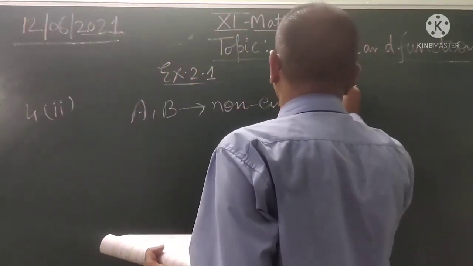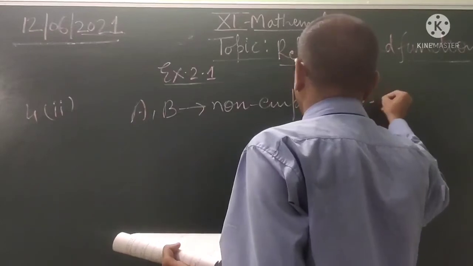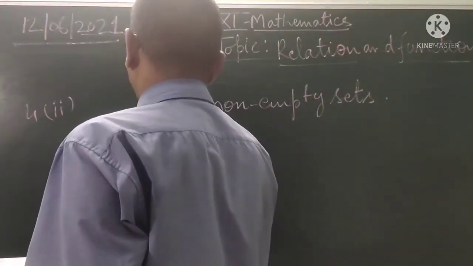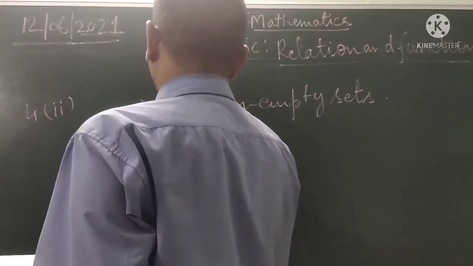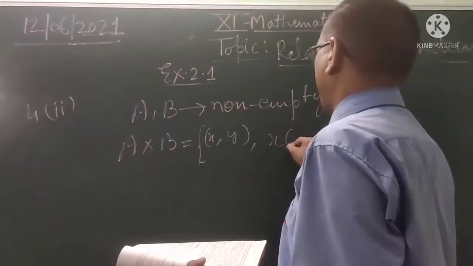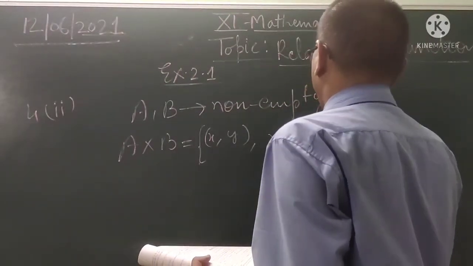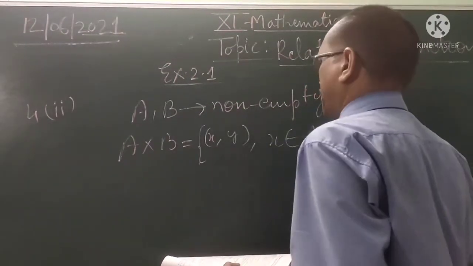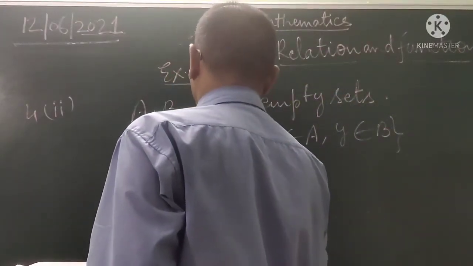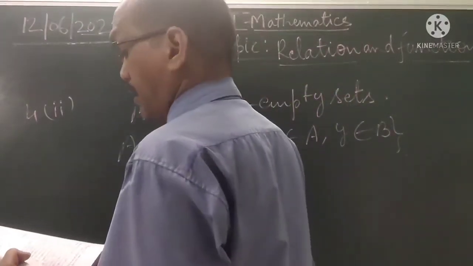And the definition of A cross B is a set of ordered pairs (x, y) where x belongs to A and y belongs to B. So this statement is correct, or true.